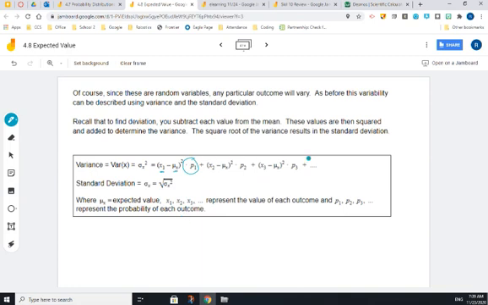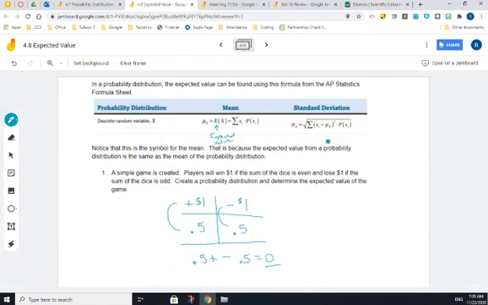We're going to add all those together, and then when we're done, we're going to take the square root. When you look at this formula for standard deviation, it looks kind of complicated, but that's exactly what it's telling you to do. We take each x value and subtract it from the mean, square it, multiply it by the probability, add all those up, and then take the square root.